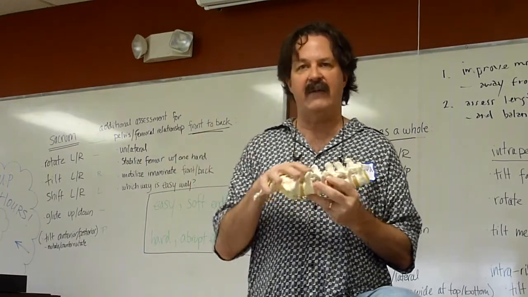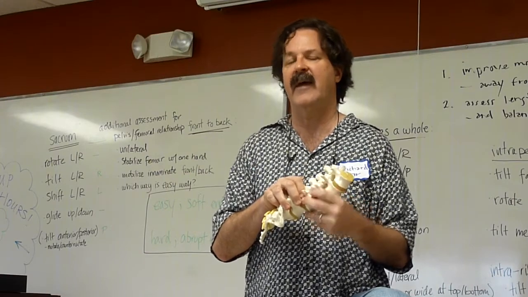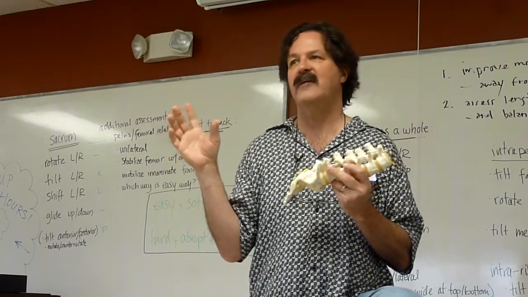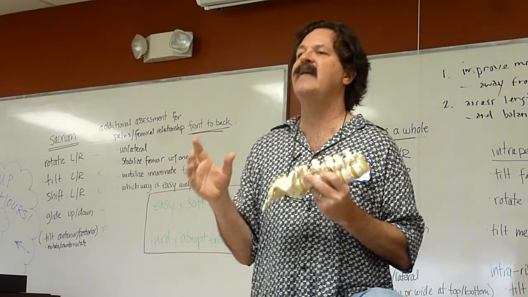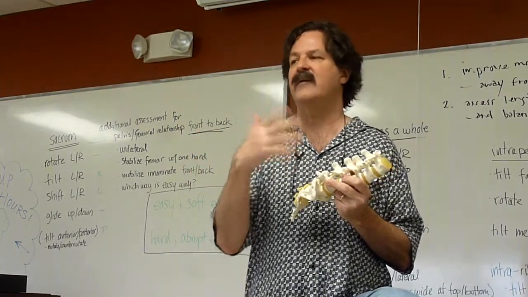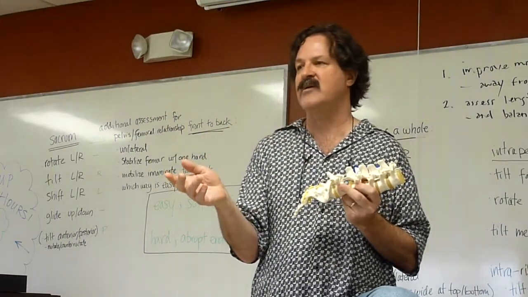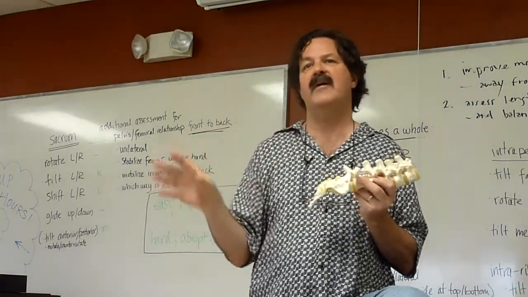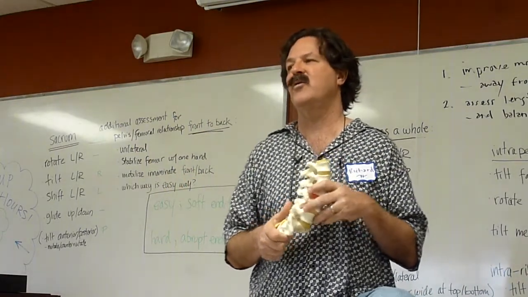Or do I feel one of these places where it's side bent, rotated, and then I know, because I believe in the laws of spinal mechanics, that if I find that place where it's in side bending and rotation to the same side, it's either stuck in flexion or extension. I just have to decide which one. So far, so good. It sounds a little abstract, but this is the uber simple version.